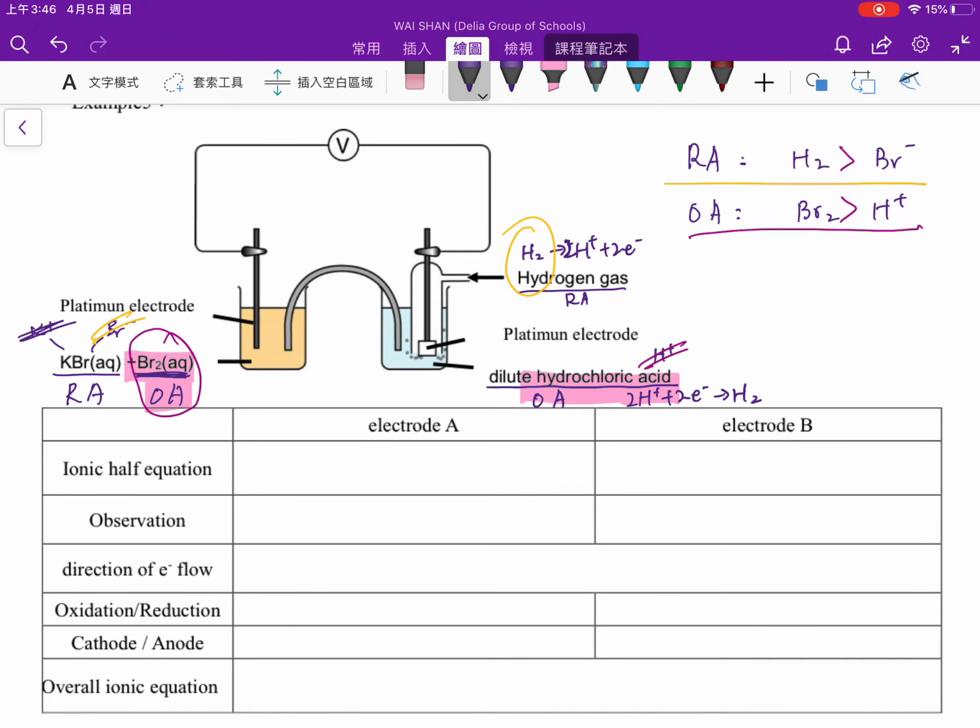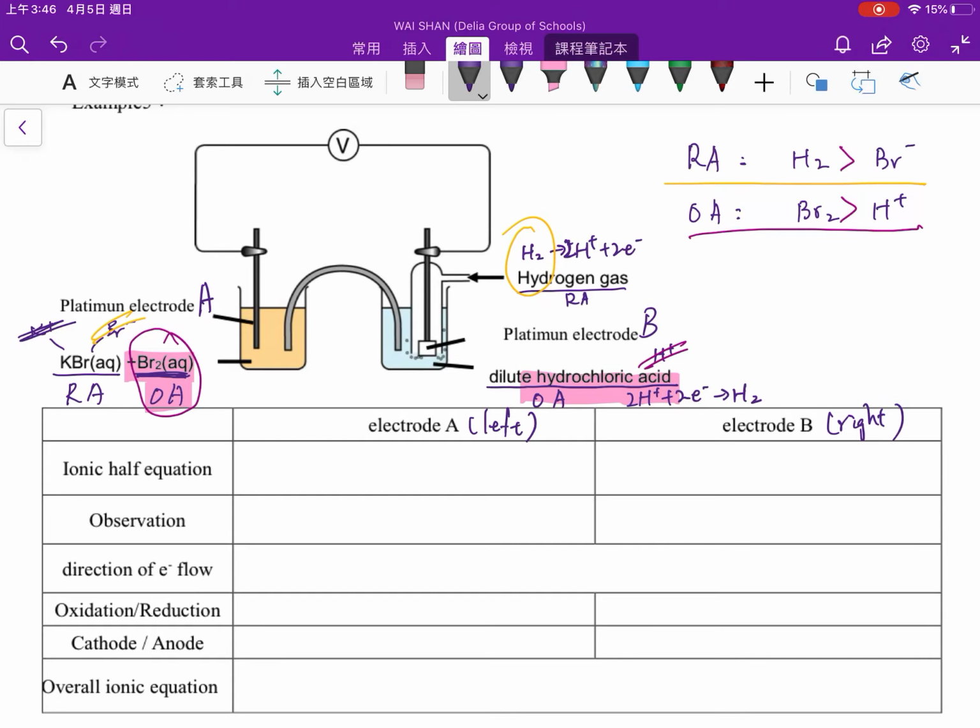So now we can complete the table. Sorry for not showing A or B here, but electrode A means the left half cell. Okay, the electrode B means the right half cell.